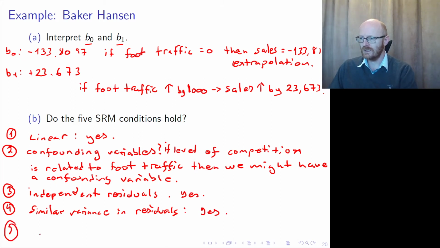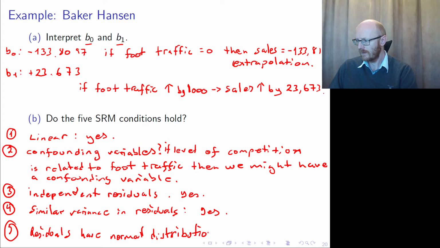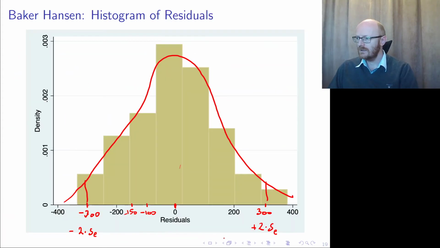And the fifth condition is, do the residuals have a normal distribution? And we see here from the histogram that there is indeed like a bell-shaped curve or pattern here.